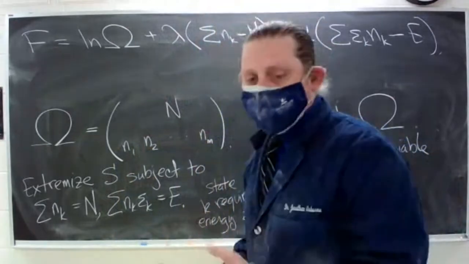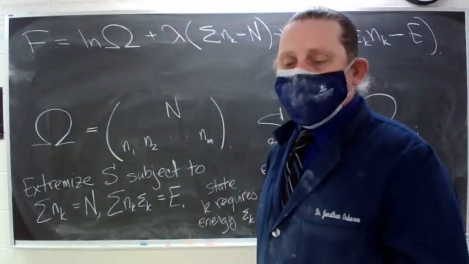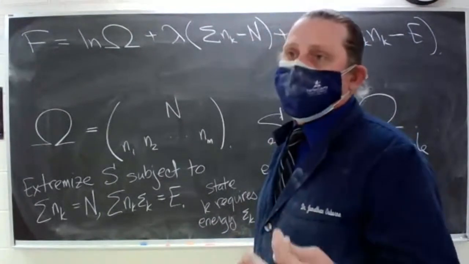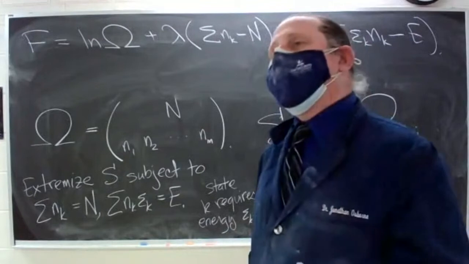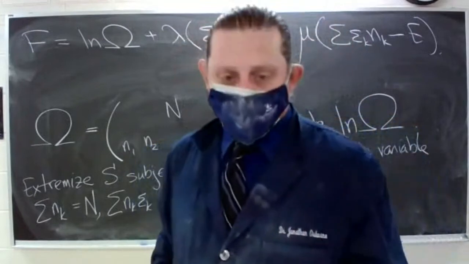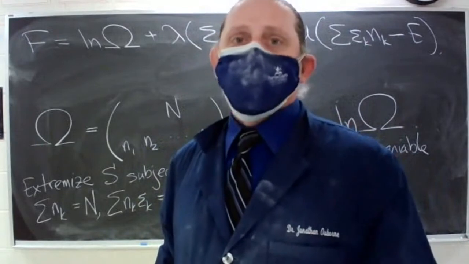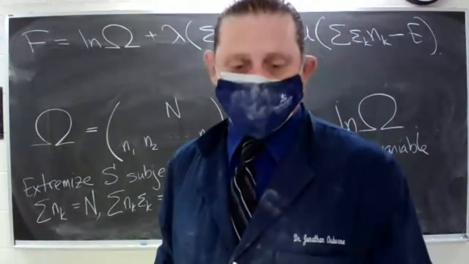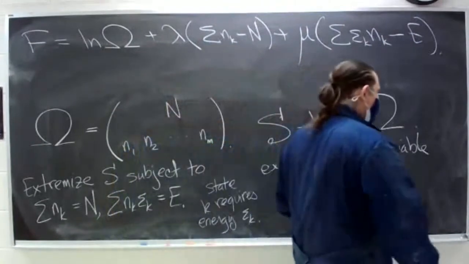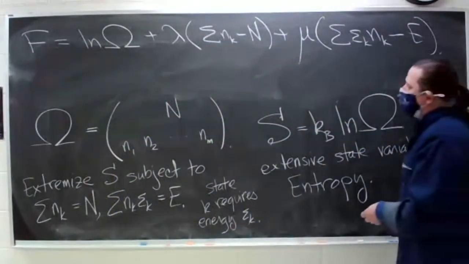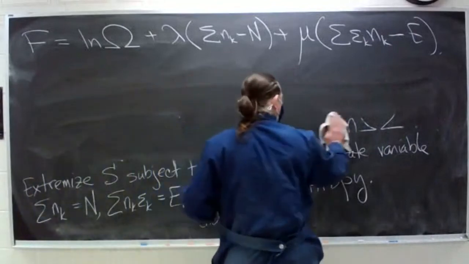We're not going to feel bad about it at all, because when we were using Stirling before, it was for like 10 or 15. Now we're looking at the occupation number of an atomic state, so we're talking 10 to the 10 at the very least. I'll write it out without Stirling, but then Stirling's coming.